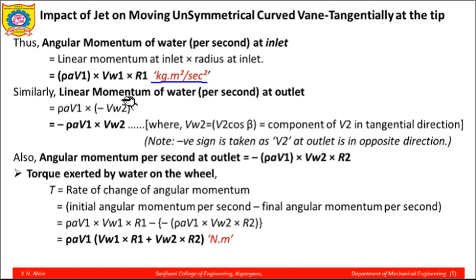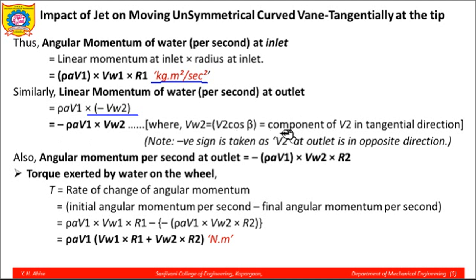Similarly, the linear momentum of water at the outlet of the vane in the tangential direction is the mass flow rate rho A V1 into the whirl velocity component at outlet in the tangential direction, that is Vw2. This is equal to minus rho A V1 into Vw2, where Vw2 is nothing but V2 cos beta.